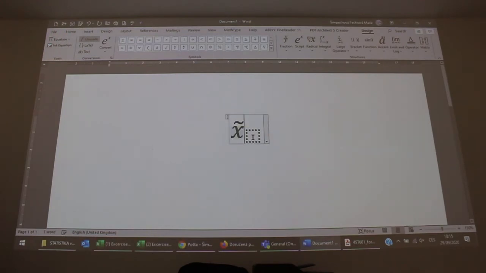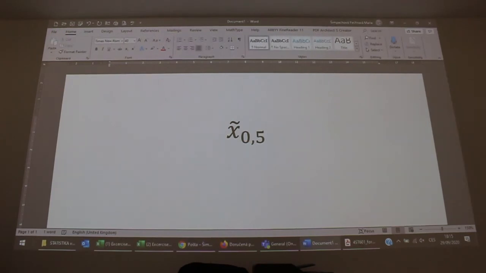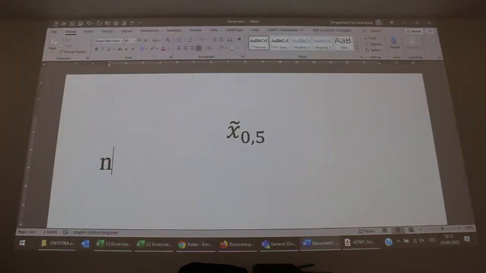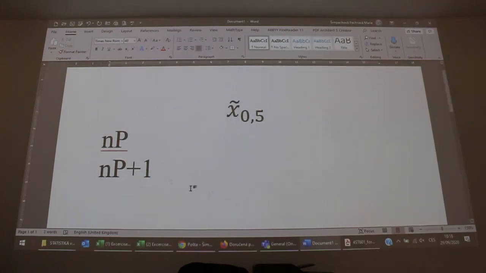So there is x 0.5. So this is median, and this 0.5 is our product, and this P is the same as this P. So we must calculate n times P and n times P plus 1. Okay, I will use this and this.